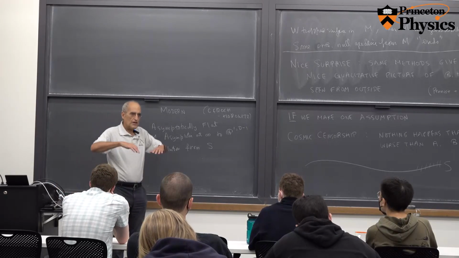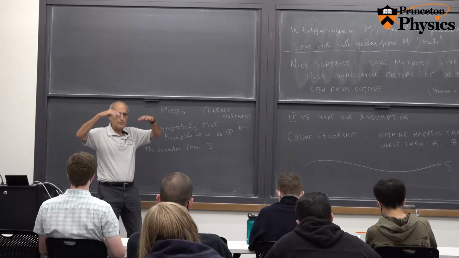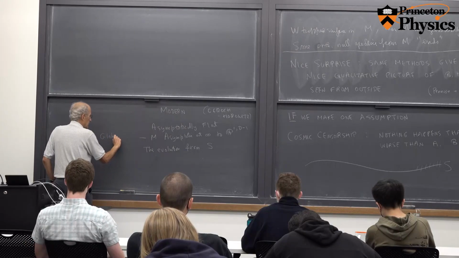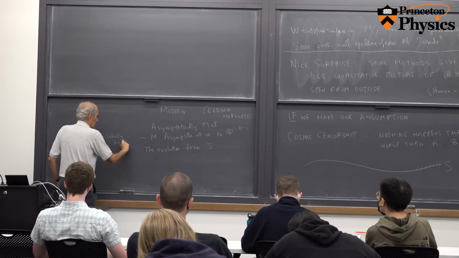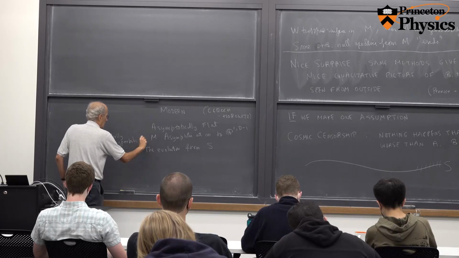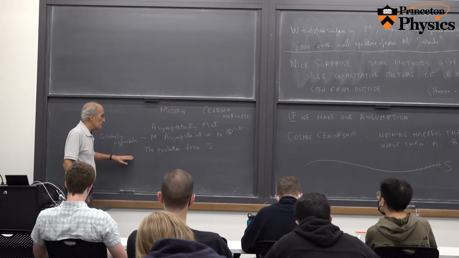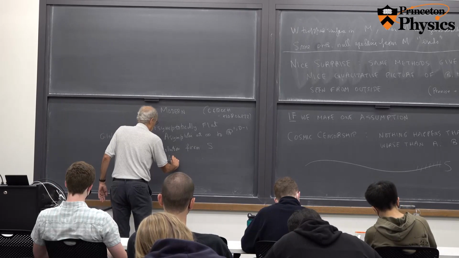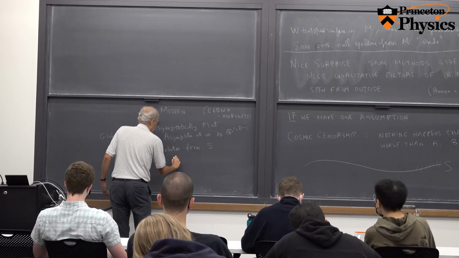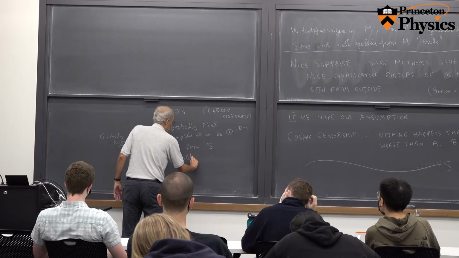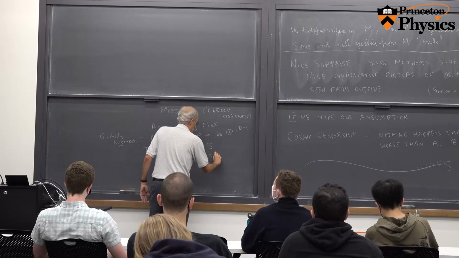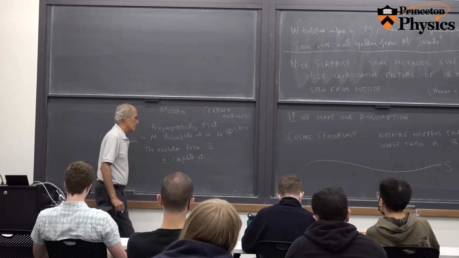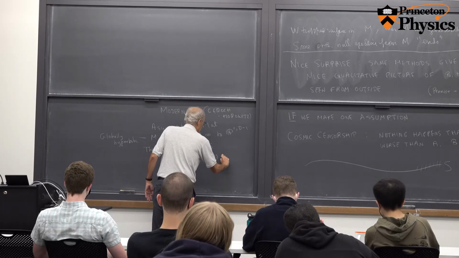You evolve using the Einstein equations for as far as you can go, getting a globally hyperbolic spacetime. So I always assume that M is globally hyperbolic. Then the modern statement of cosmic censorship is that the evolution of S is complete at infinity. I want to say this informally: it's complete at big distances for all times.